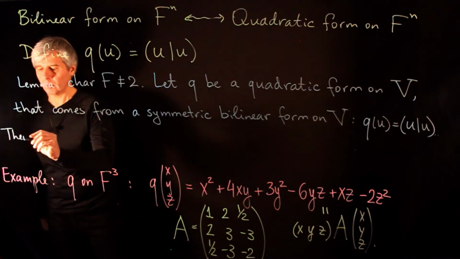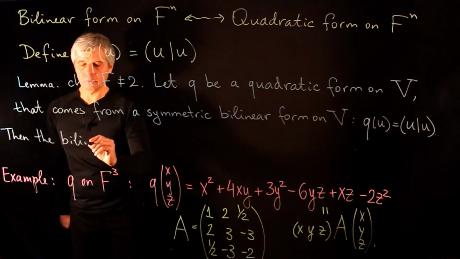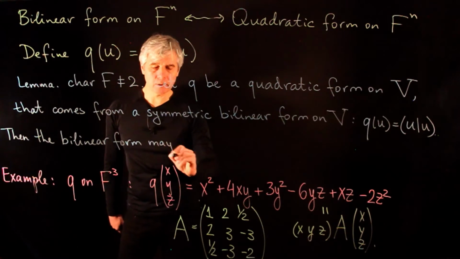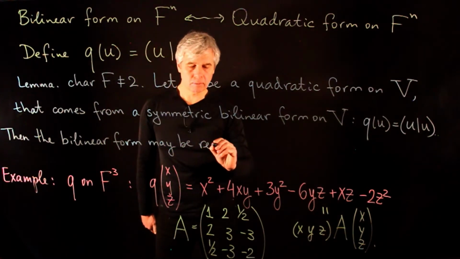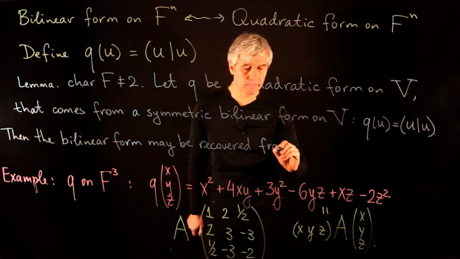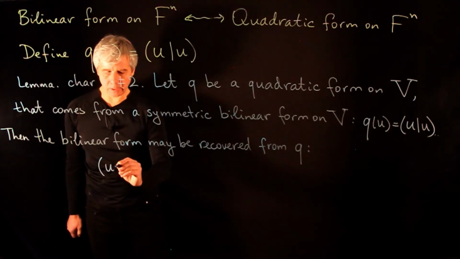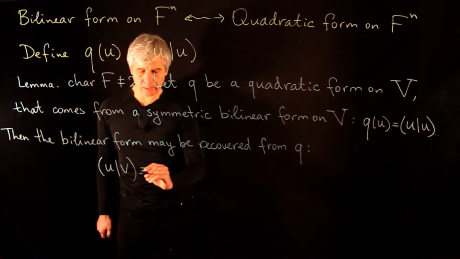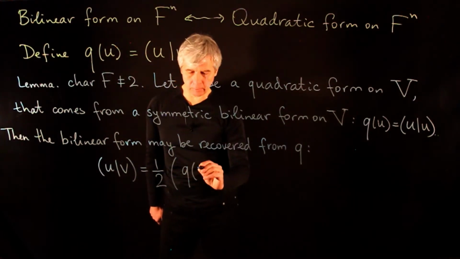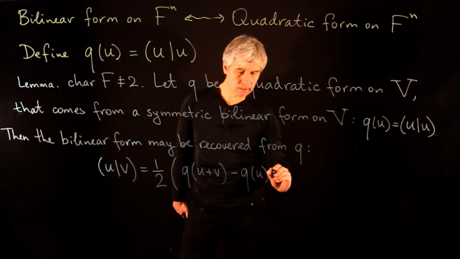Then the bilinear form may be recovered from the quadratic form using the following formula, that (u, v) is 1/2 of Q of u plus v minus Q of u and minus Q of v.